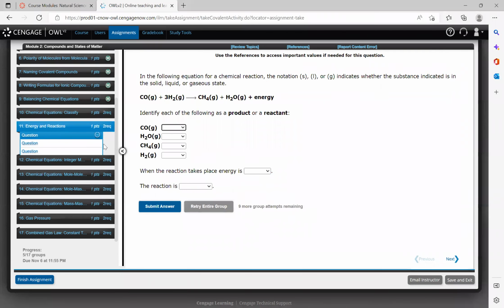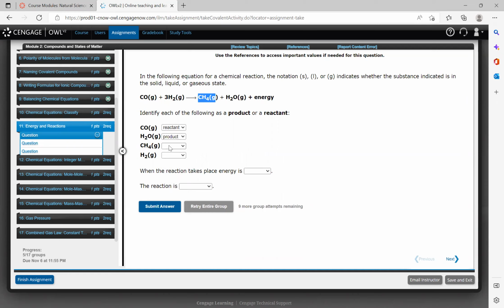All right. Question 11 is going to be dealing with energy. So we want to figure out if it is an endothermic reaction or an exothermic reaction. And we want to discuss whether or not we see the following as a product or a reactant. So CO as a gas is carbon monoxide. That's a reactant. Water is a product, because again, we can see where the arrow is taking place and we see water on the product side.